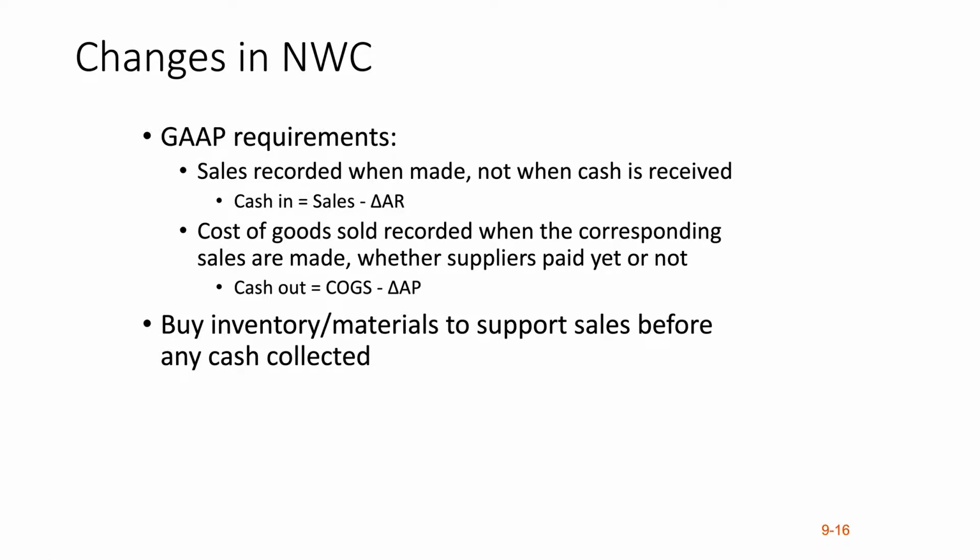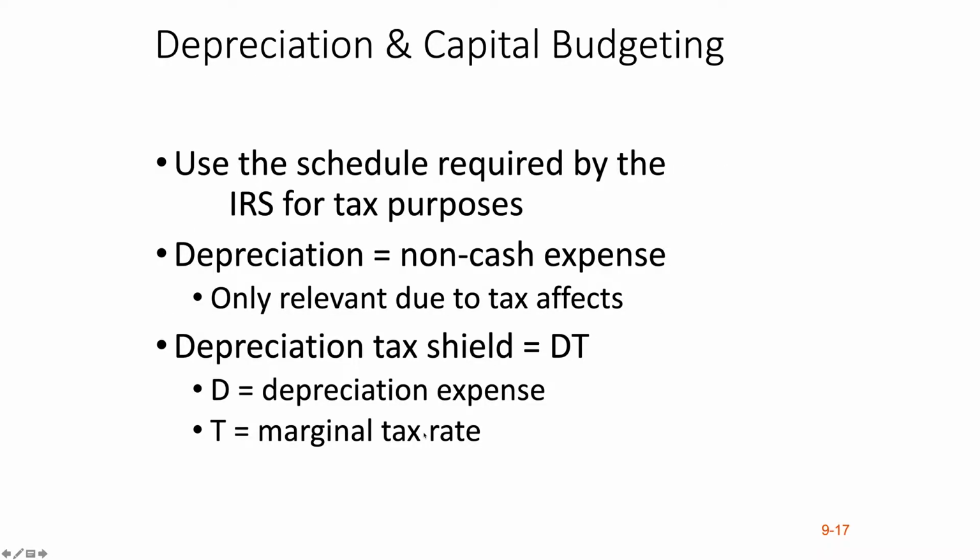On the other hand, cost of goods sold is recorded when the corresponding sales are made, not when you pay the supplier. So the cash out is cost of goods sold minus the change in accounts payable. You can buy inventory and material to support sales before any cash collections. So net working capital is a kind of money tied up by operation.